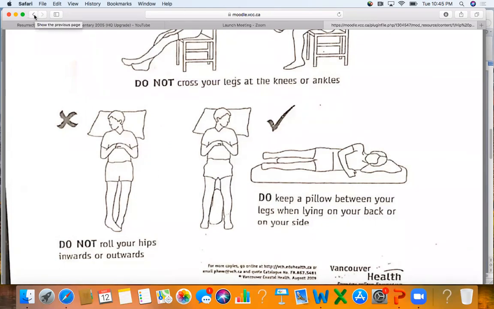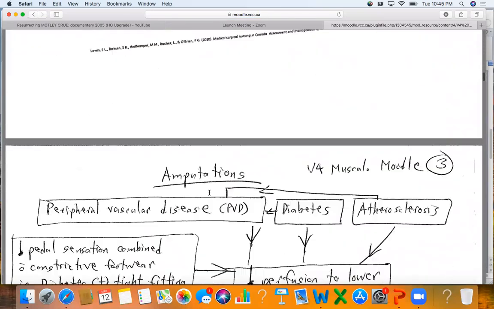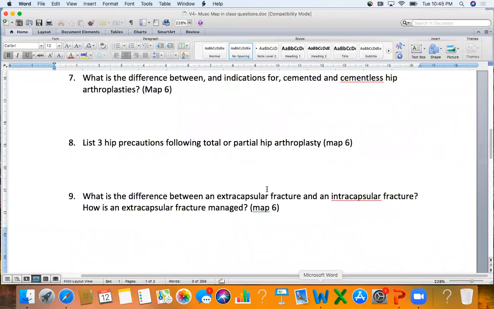Okay, now I believe we are moving on to the next question. Let's go back to our maps. The next question is about knee surgery.